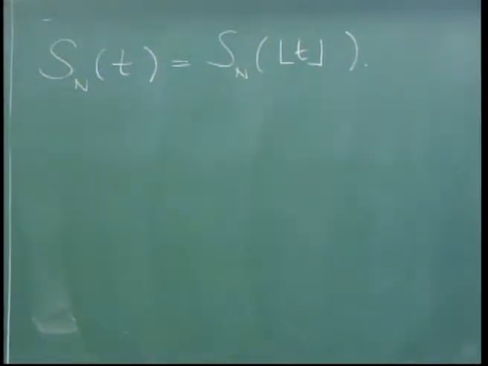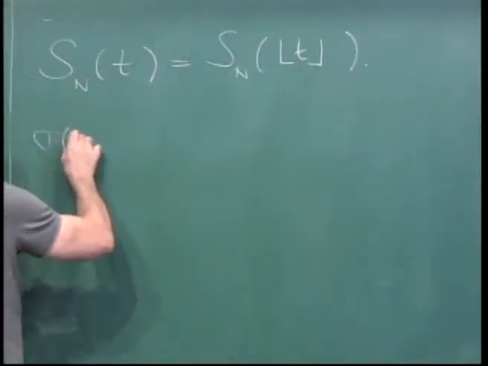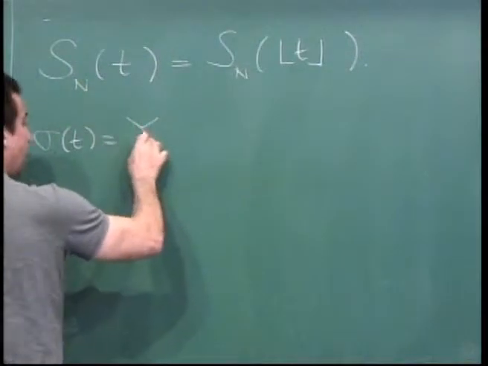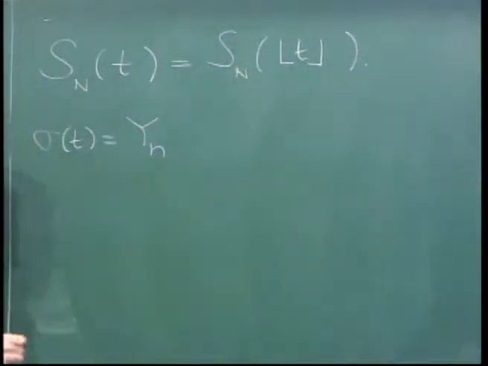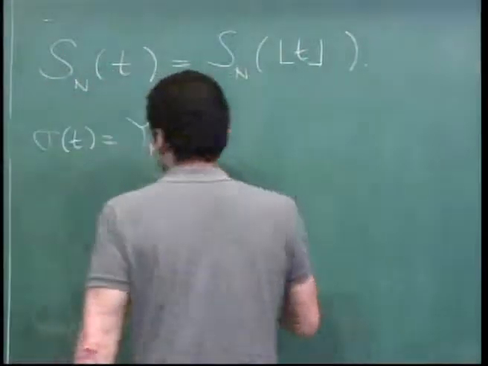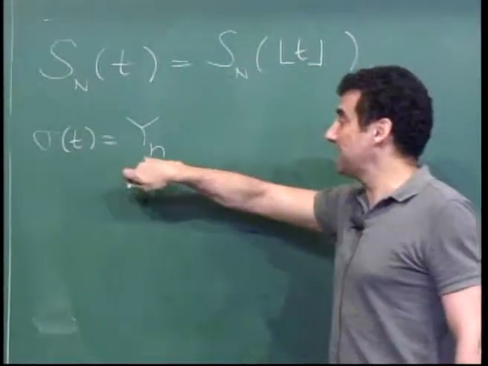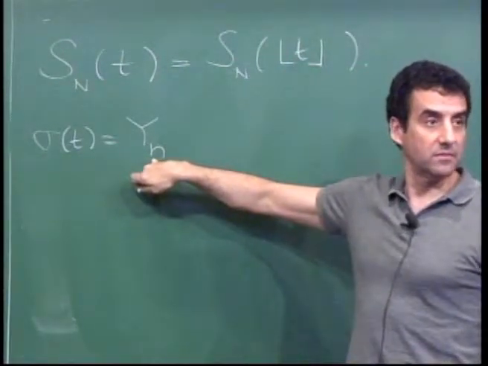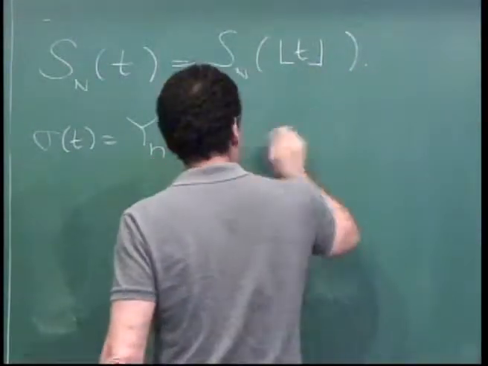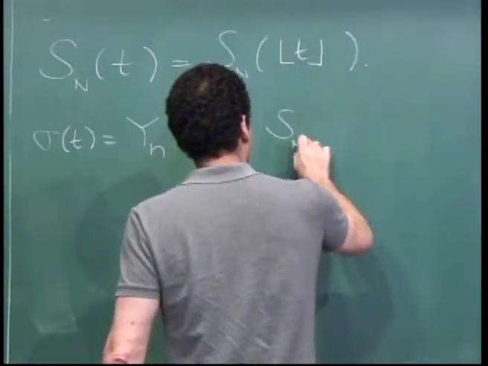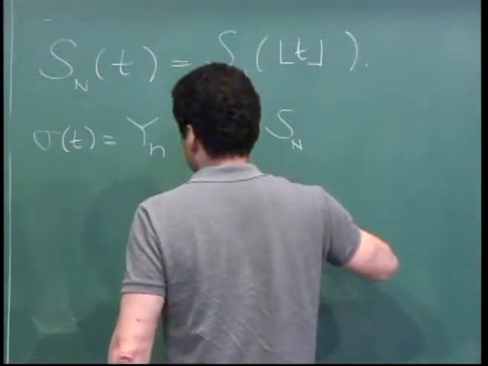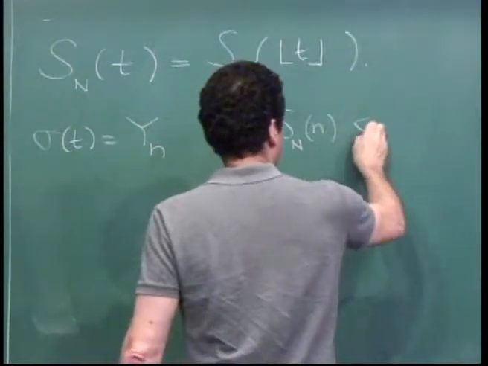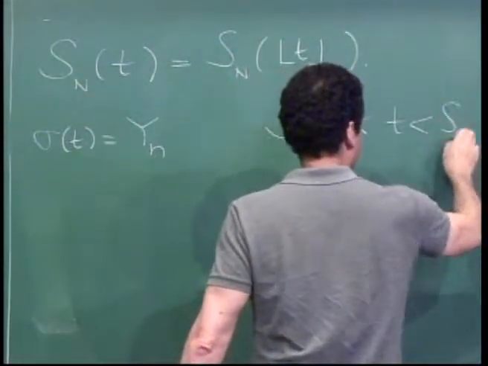So my sigma of t now is simply Yn when, so what does that mean? That means I've done n jumps. So it means that the time of the n jumps is between, now I have to be careful, is it n or n minus 1?